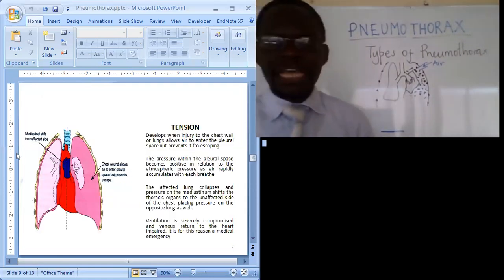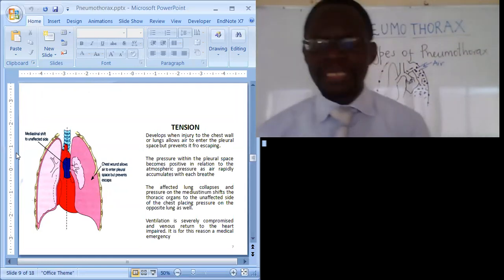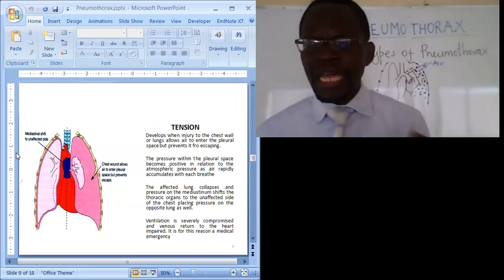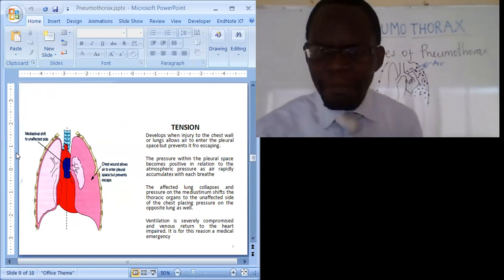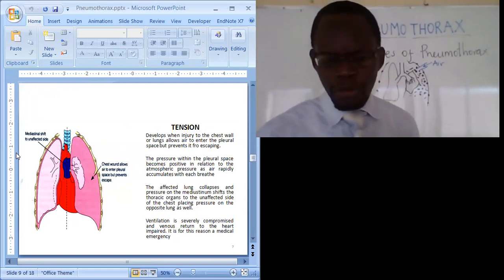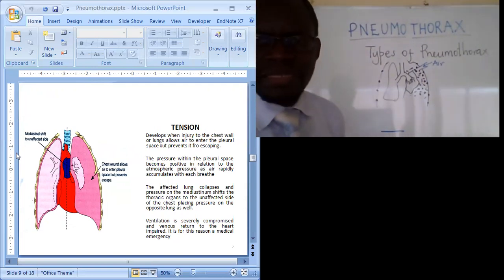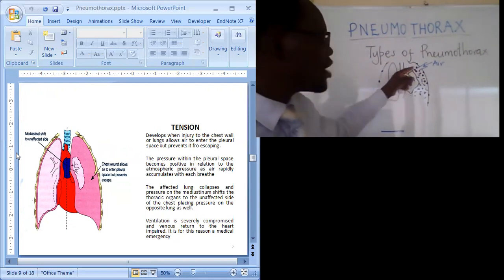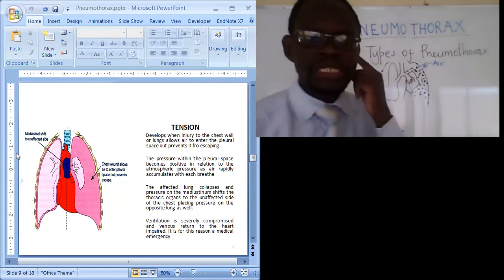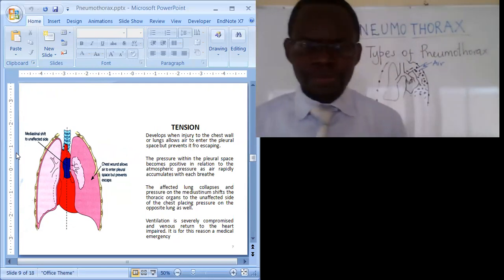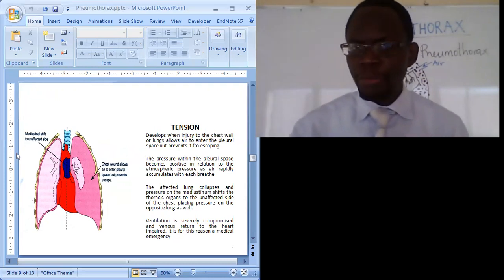Now, there is a complication of pneumothorax. It's not a type, neither is it a mechanism, but it's a complication of pneumothorax. This kind of complication develops just like any pneumothorax.